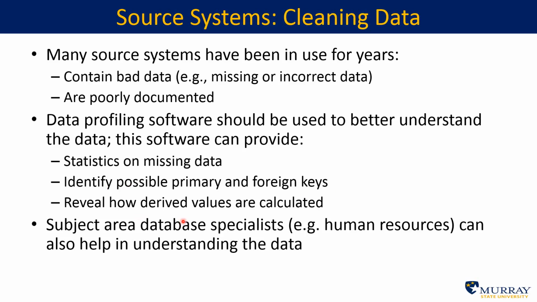It can also reveal how certain derived values are calculated, based on analysis of other components. But sometimes, there's no way around using a human subject specialist. For example, somebody who is knowledgeable in human resources and the kind of procedures used by the human resource department, so that they can explain to you what the data contained in a particular data source is all about.